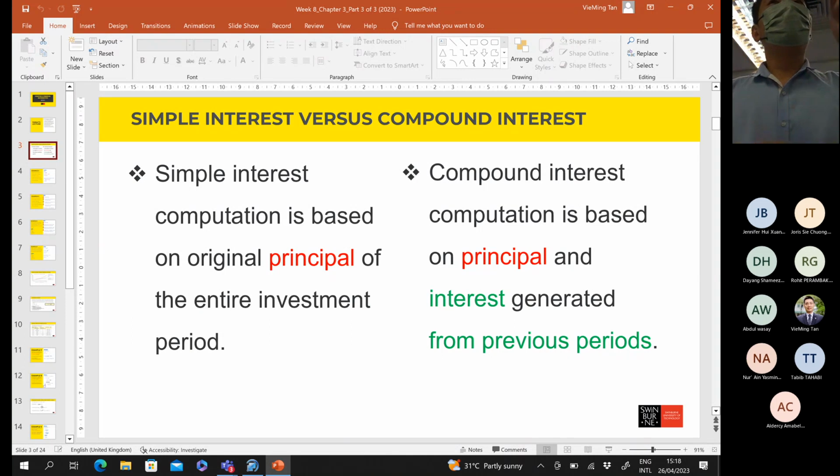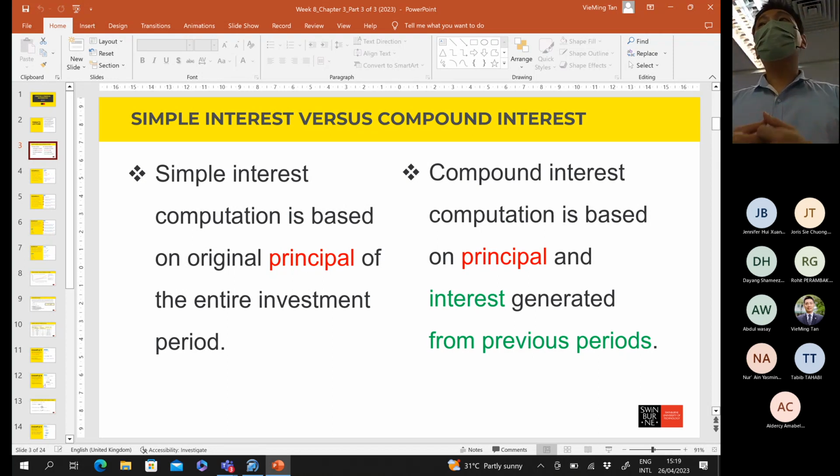Another factor is the interest earned from the previous period. I repeat, besides the PRT, another factor that will affect the interest earned under the compound interest calculation is the interest earned from the previous period. What's the meaning? That means that the interest earned in year 1 can be used to generate interest in year 2.